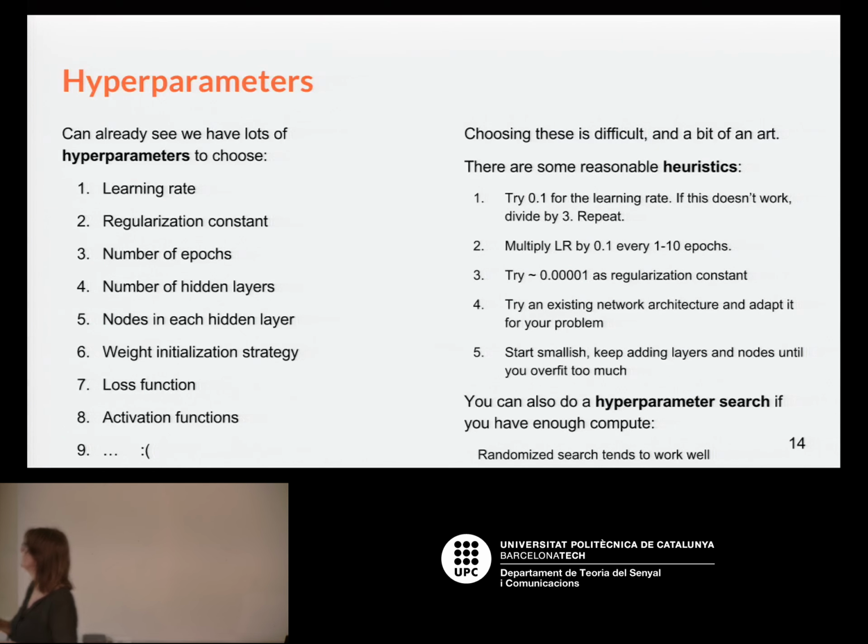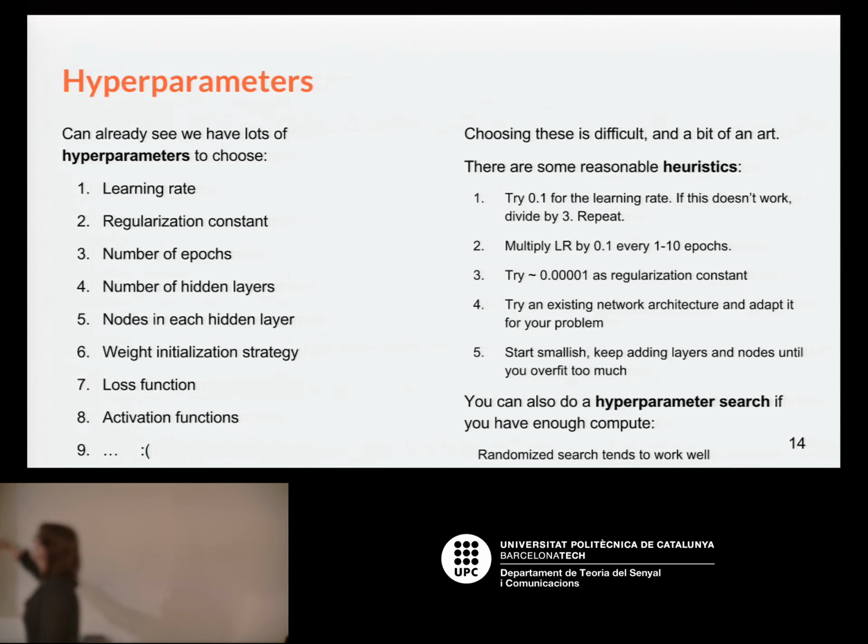Then the regularization constant, which is the weight that controls the L2 norm, the number of epochs, the number of hidden layers, which depends on the architecture, the nodes of each hidden layer, your loss function, your activation function. There are many more of these.